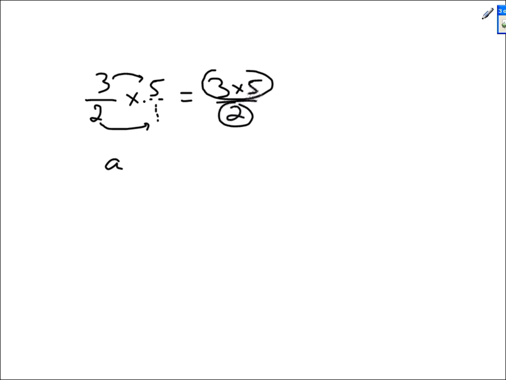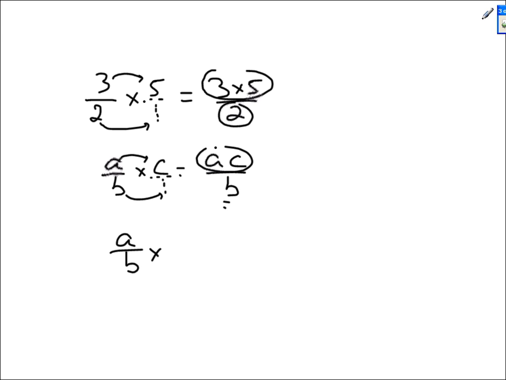Now, if you had a over b times c, this is the same as ac over b. Why? There's an understood 1 there. And a times c is ac, and b times 1 is b. And if the c was a bit more complicated, say it's c plus d, then like I've always said, think of the stuff in the brackets as one letter.